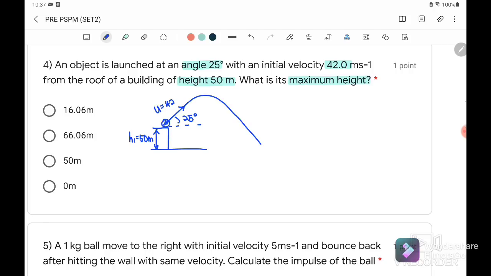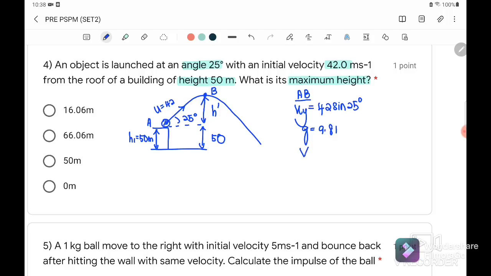We want the maximum height from the ground to the maximum point, so we need h prime, from launching point A until point B. Here uy is 42 sin 25 degrees, g is 9.81, and point B is the maximum height.